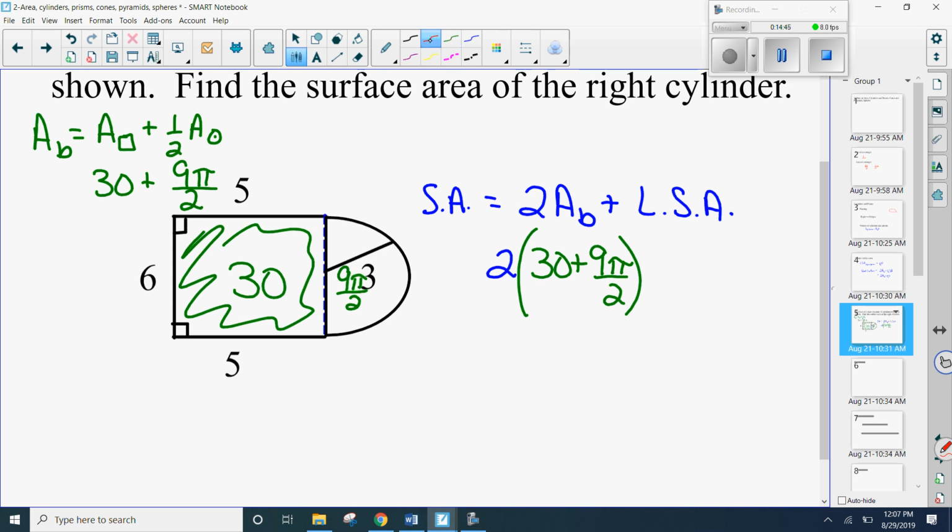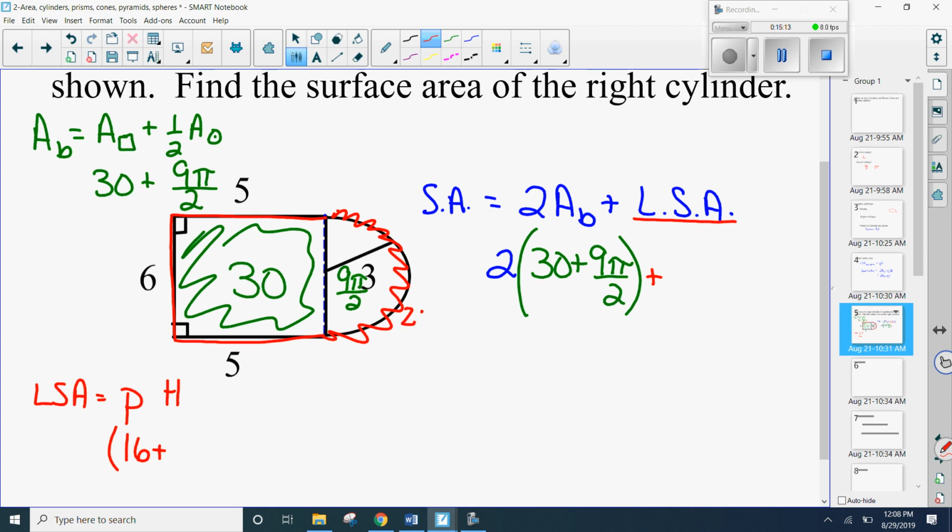Yes, lateral surface area is going to be equal to the perimeter times the height. What's your perimeter? Well, the perimeter is 5 plus 6 plus 5. So 16 plus, and then I have this curved segment right here.